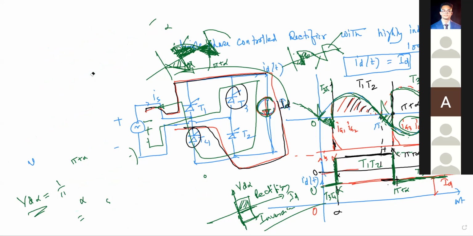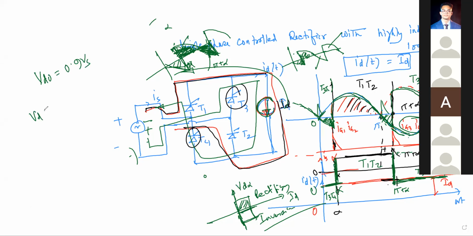Okay, suppose we are applying alpha equal to 0, right? Then VD0, just a moment, VD0 will be your 0.9 Vs, right?